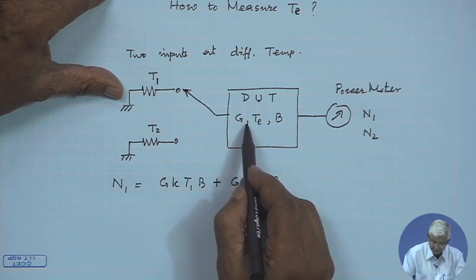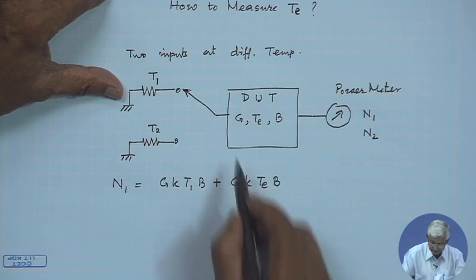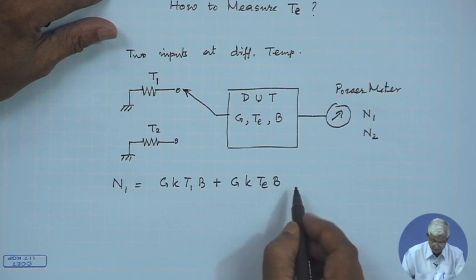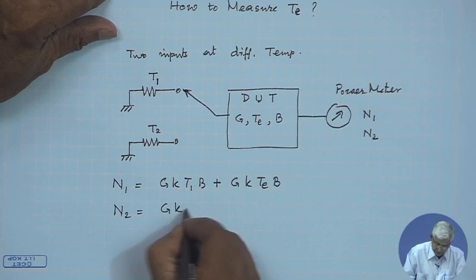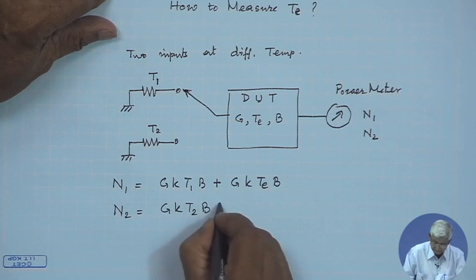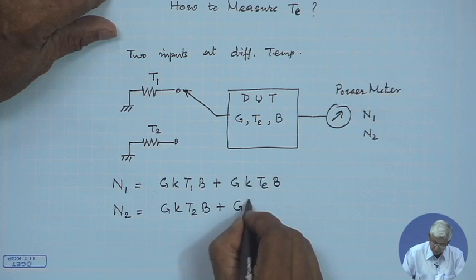So, input is multiplied by the gain and the device itself generates G k Te B. Similarly, N2 will be G k T2 B and its own G k Te B.